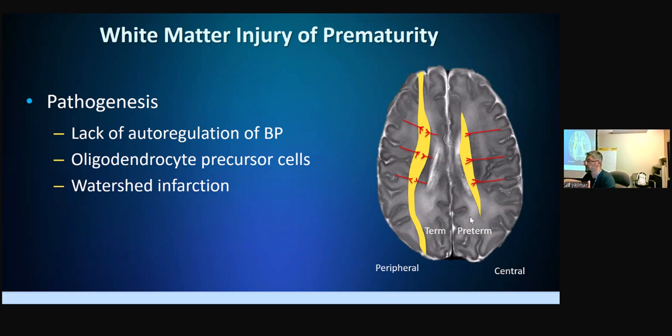When there are blood pressure changes, you lose these neurons and you get an infarction in the periventricular areas. In term infants, there are also end arteries arising from the center, and this watershed area moves peripherally. So in the term infant, you get a peripheral injury pattern. That's why in the preterm infant we get this. These are the three explanations, but we don't know exactly why this is happening.